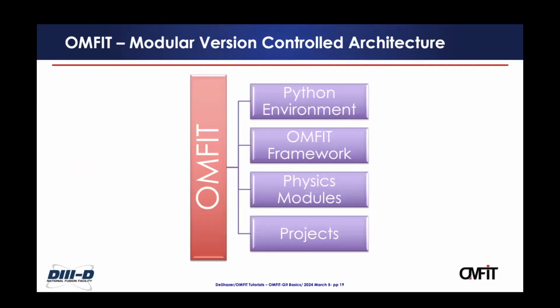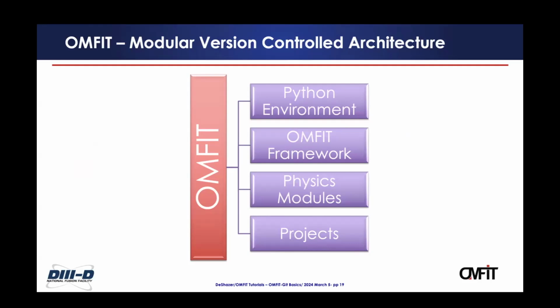So this is the OMFIT paradigm. This is what really begins to hopefully make your jobs easier, separating function. So in this way, the Python environment is a whole separate function pillar, and it's maintained in one workflow. The OMFIT framework is another pillar.